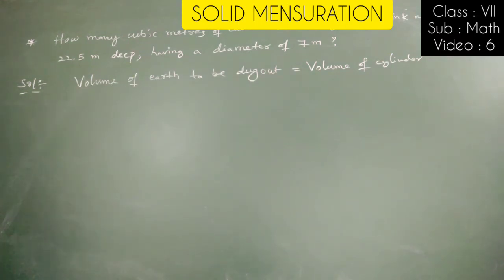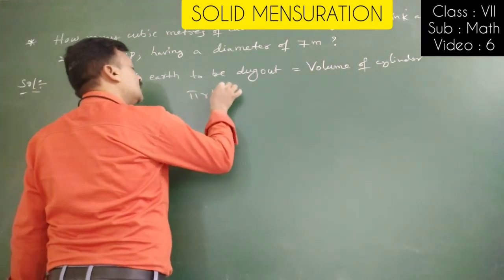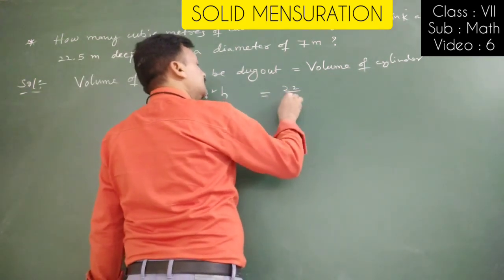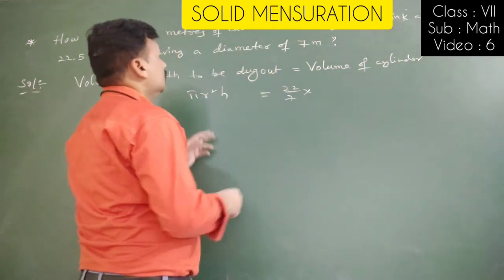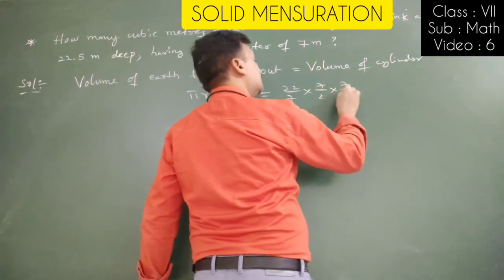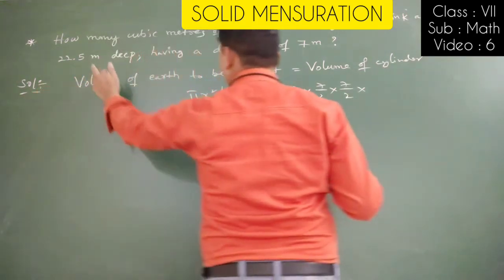So that is pi r square h. Here 22 by 7 into r, diameter means 7 by 2, again pi r square, 7 by 2 whole square, h is 22.5.